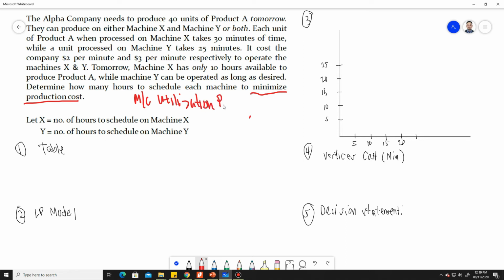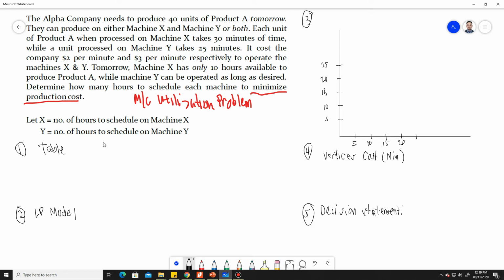So, di ba naalala niyo yung mga example natin? Mga nauna are examples of product mix problem. And then, yung kanina lang, that is an investment problem. Ngayon, this is a machine utilization problem.